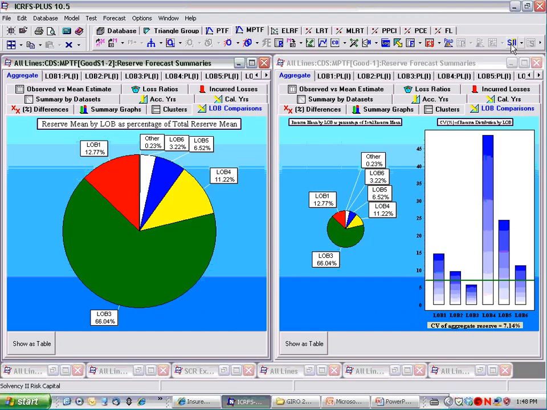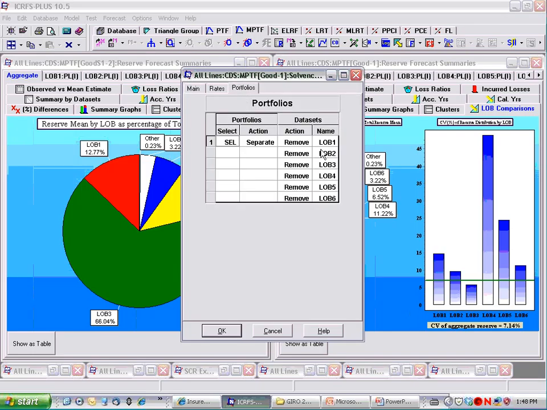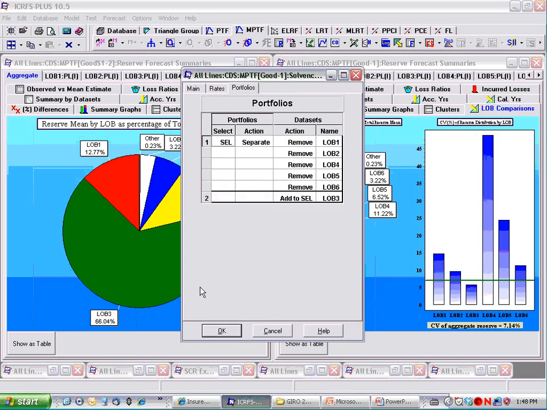So now we're going to do two simulations. First of all, we're going to do only the reserve part. We're going to assume full redistribution of surplus across LOBs, so they're fully fungible. That means there's only one portfolio, consisting of all the LOBs. I can set up other portfolios. I can remove that one and therefore have LOB3 as its own portfolio. And then I can add to that portfolio, say, LOB5. Oops, what did I do there?